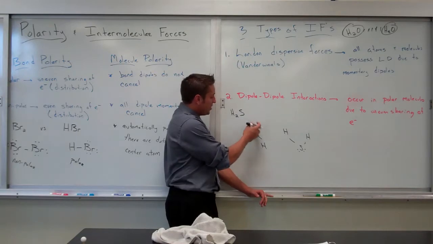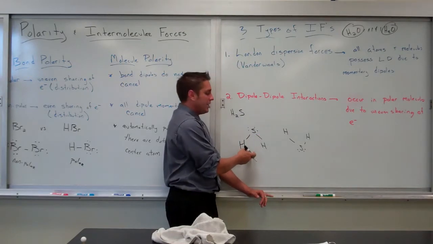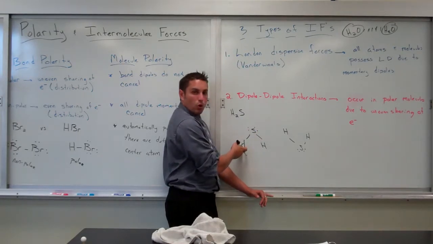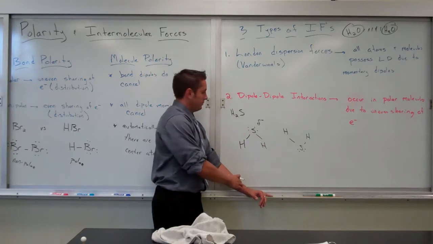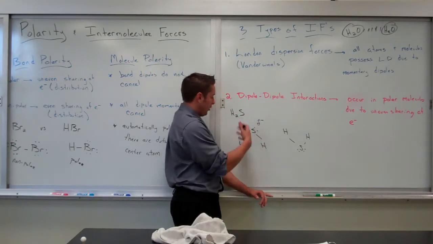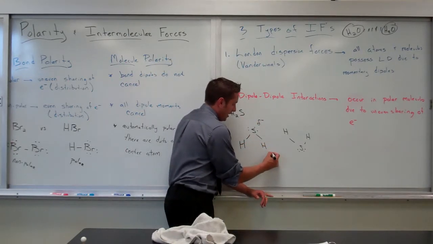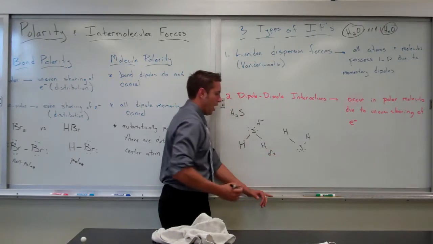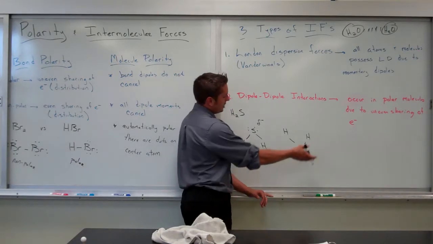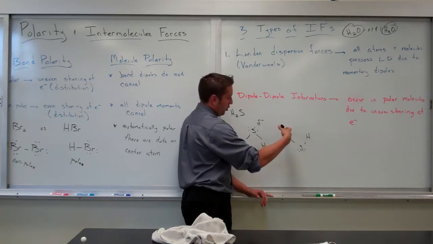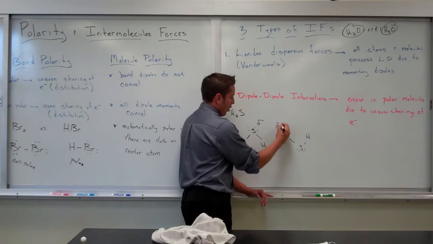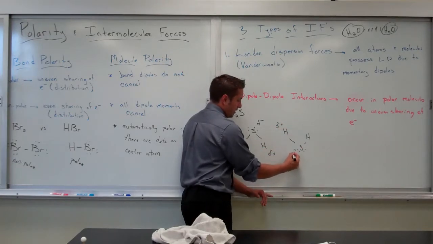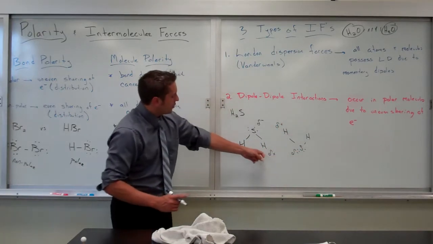Because there are so many dots on the top, and because sulfur is more electronegative than hydrogen, it creates a partial negative at the top half of this molecule, because there's so many electrons, and at the bottom, a partial positive. Well, what happens is another molecule of H2S comes along, and it's flipped, making its partial positive here, and its partial negative here.